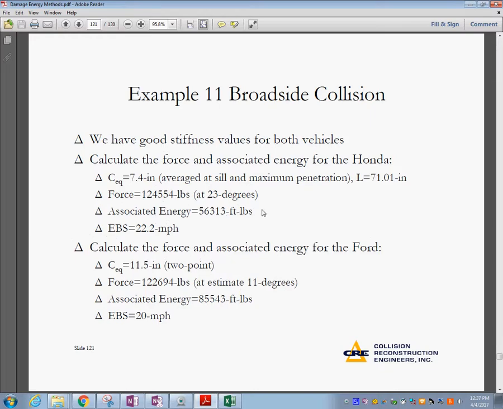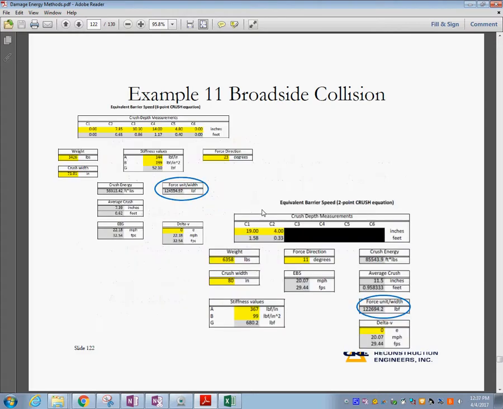Calculate the force associated energy of the Honda. We calculate the force associated with energy of the Ford using his spreadsheets. Yes, they are in that file that I gave you.